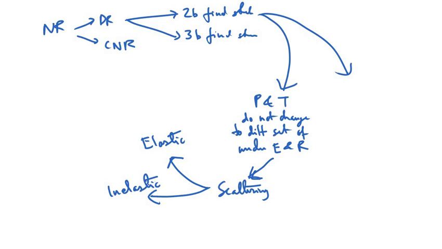Of course, in the case of elastic scattering, the initial pair of nuclei remain the same after the nuclei interact. Only the kinetic energy and the direction of motion are altered. So in this case, only kinetic energy and direction change.